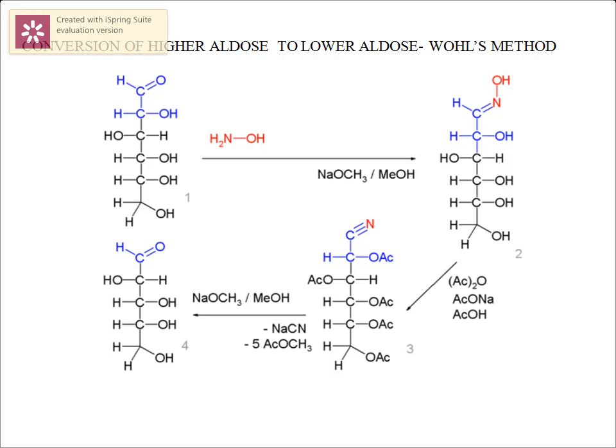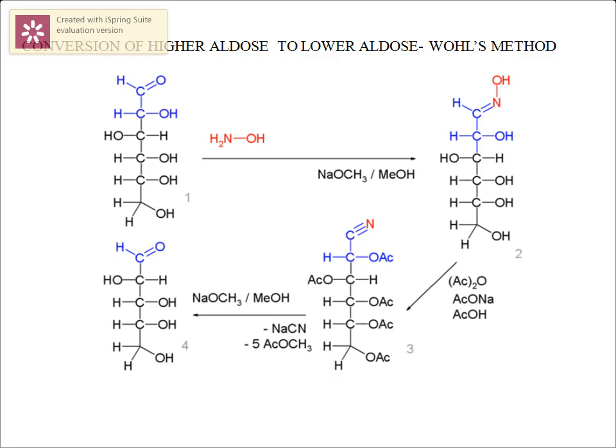And the top, the blue color OAc becomes OH group, that in basic medium becomes C double bond O, and that CN is eliminated to become that CHO. That means when that CN is eliminated, we get one carbon atom less, an aldopentose. So an aldohexose is converted to an aldopentose.